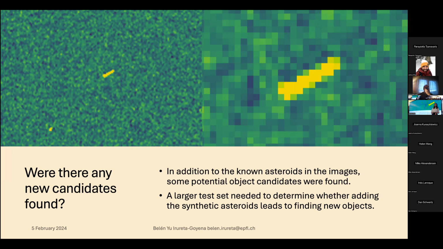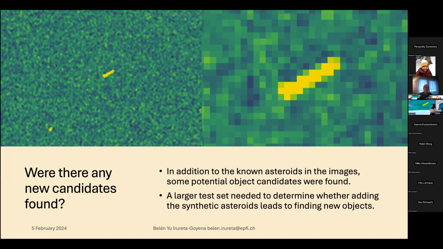And finally, the last question that we wanted to answer was, are we able to find something new? The answer is we still need to look into it. With the model trained with the synthetic streaks and the model trained with a mix of synthetic and real streaks, there were some additional object candidates that were found.